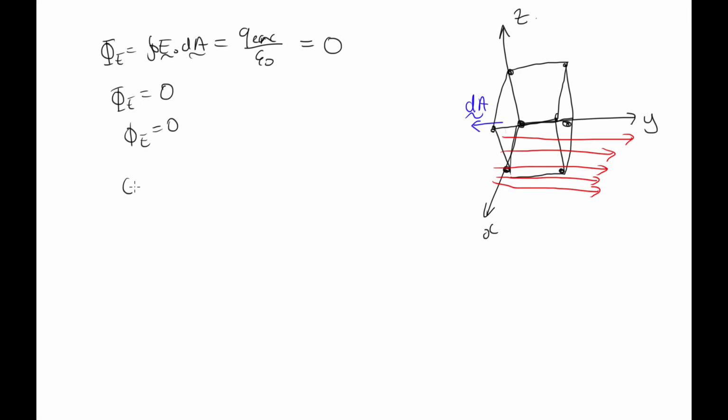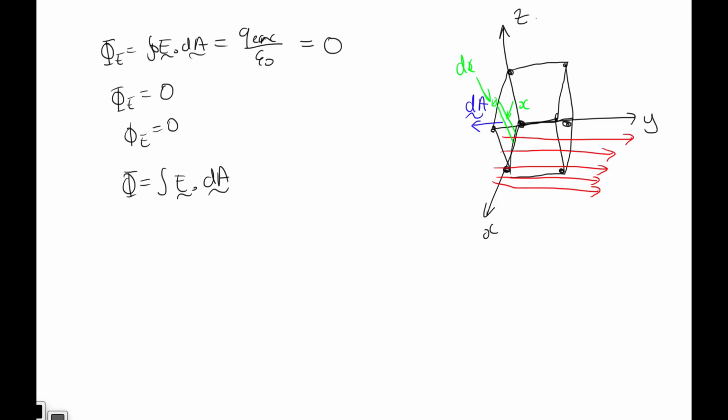And so the electric flux is given by the electric field dotted with dA. Now this question is further complicated slightly because the electric field strength depends on the x position. So what we'll do is consider a little slice through this side with a width dx, a distance x from this z-axis here.